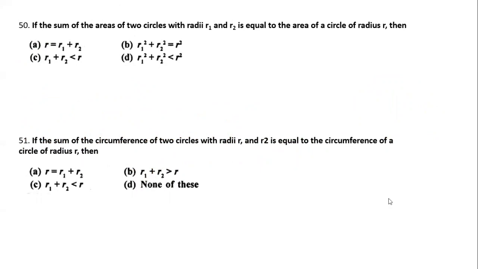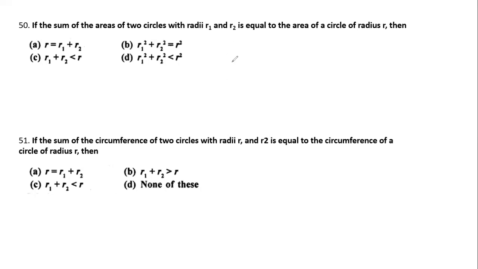Next, question number 50. If the sum of the areas of two circles with radius R1 and R2 is equal to the area of the circle of radius R, then which option is correct?